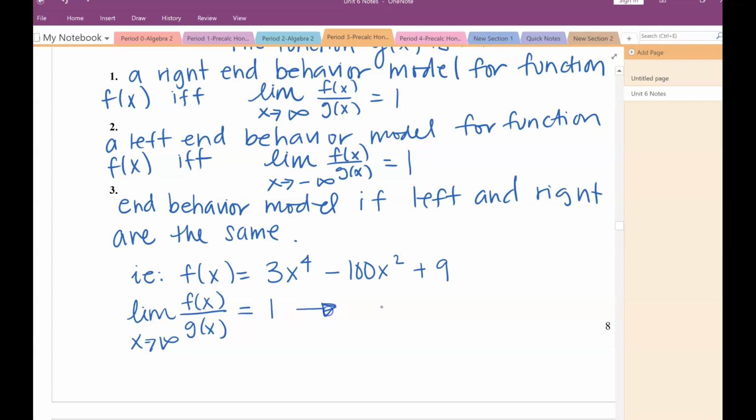So what do you think g of x has to be for us to be super, super, super close to 1? When we approach 1,000,000, 10 millions, and so on and so on, what would g of x have to be? So 3x to the 4th minus 100x squared plus 9, divided by what?